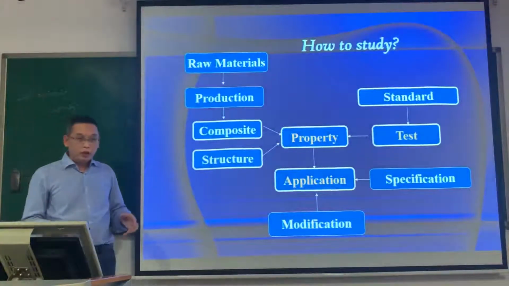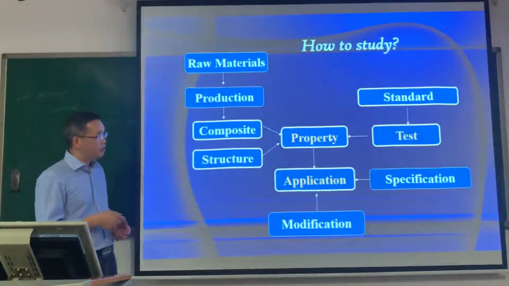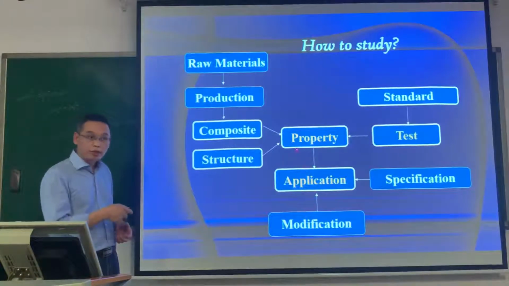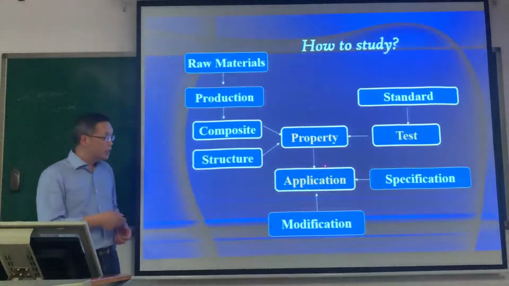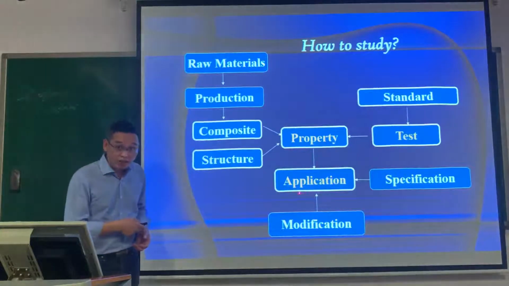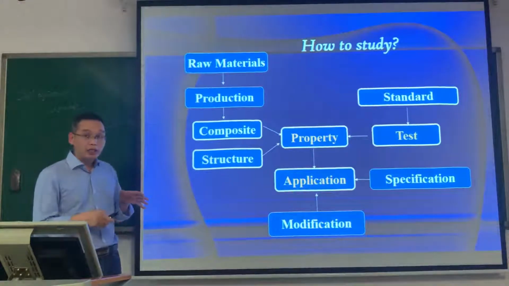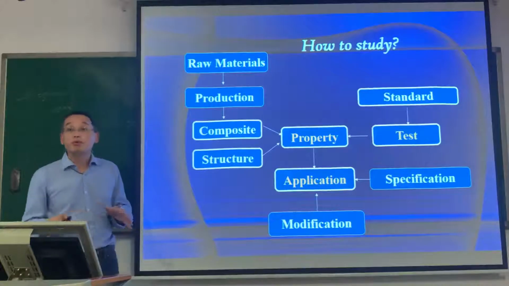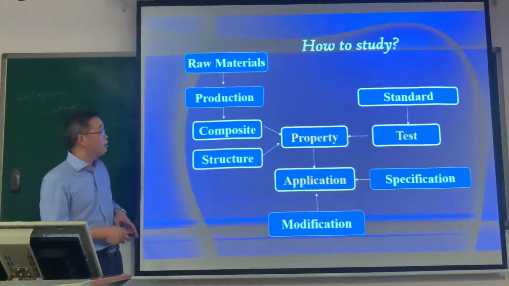So, what should we do? What should we study? The most important are these three parts. The first one is about the property of the materials. The second one is about the application of the materials. And then maybe we need to do something about the modification or the improvement of this kind of materials.